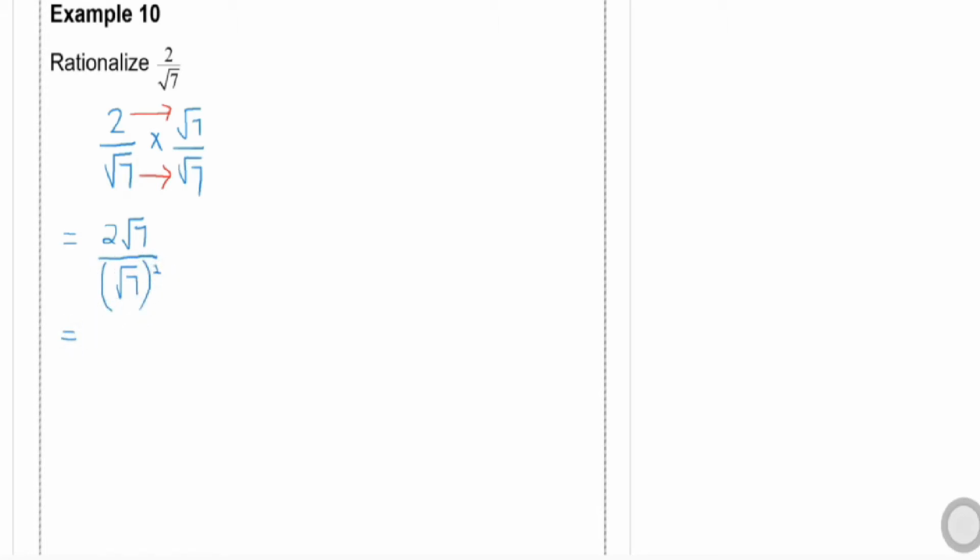And notice here, this is not the simplest form of the fraction because we have √7 squared in the denominator. And to simplify this fraction, we can just cancel out the surd and the square so that it will be 2√7 over 7. And that's the final answer.